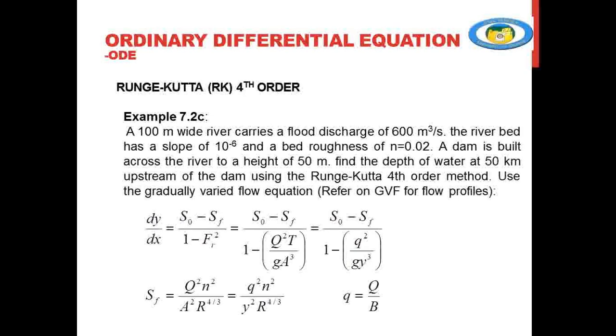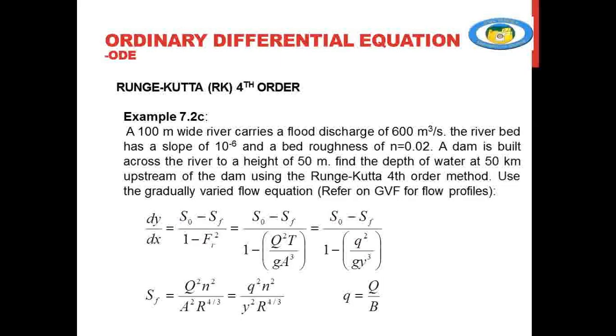Or you may also represent this as S naught minus SF over 1 minus specific discharge squared over g times depth cubed. The friction slope you can obtain from Manning's equation, and specific discharge is Q over B, actually.